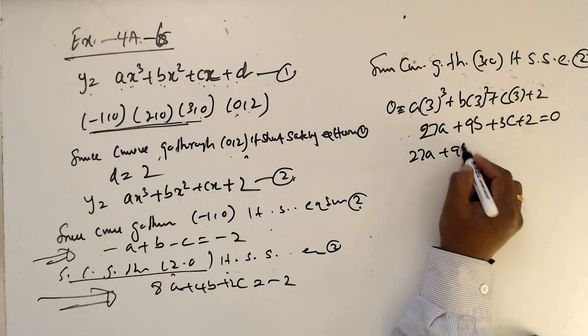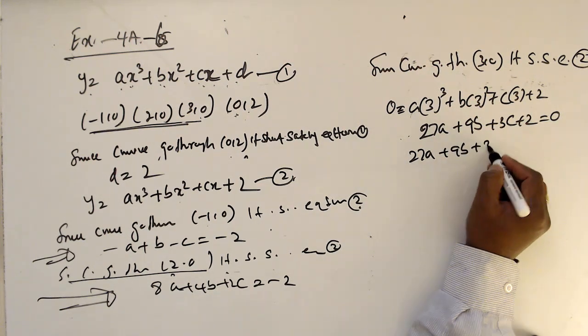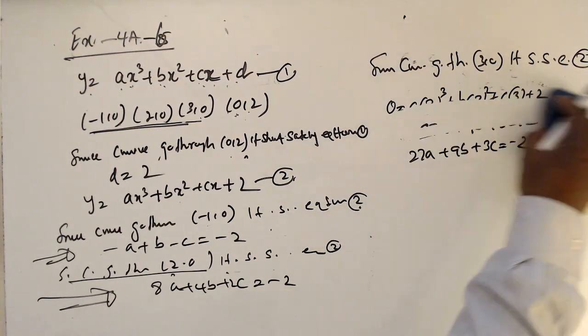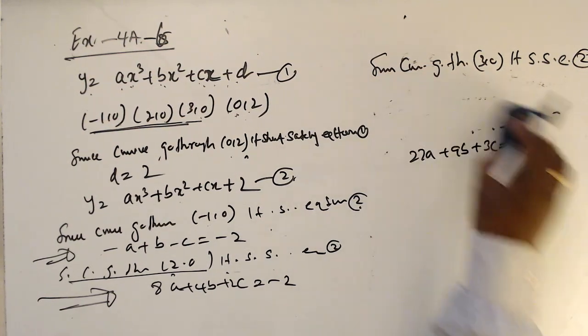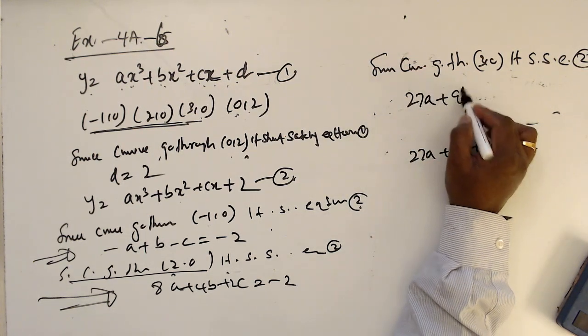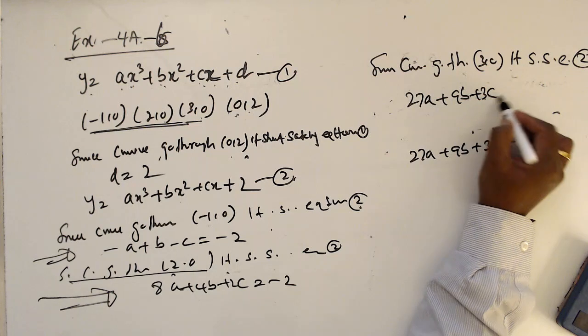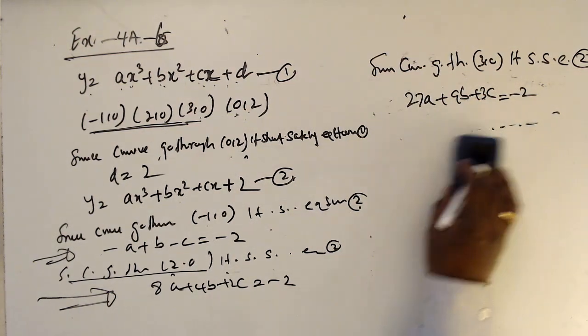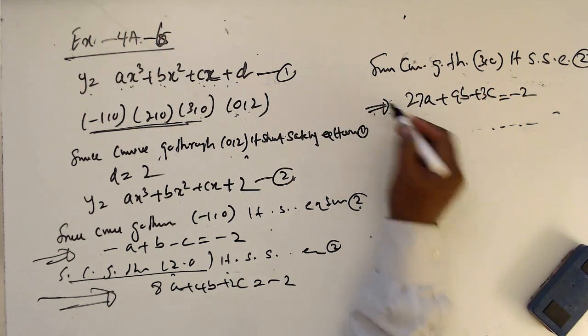So 27a plus 9b plus 3c equals minus 2. I'll rewrite here 27a plus 9b plus 3c equals minus 2. Now this is the third one.